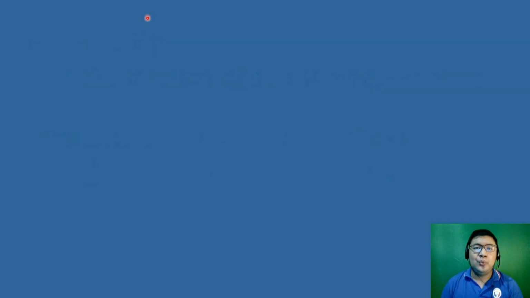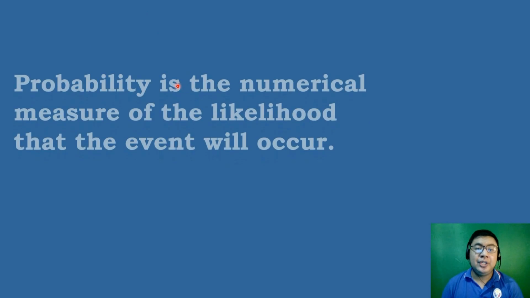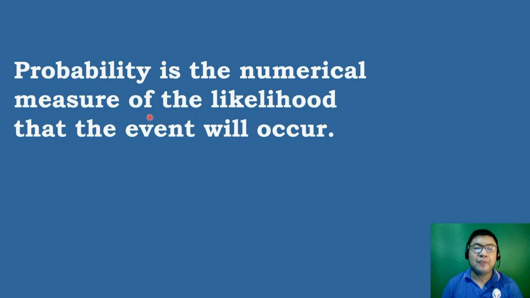And also, when we say probability, it is the numerical measure of the likelihood that the event will occur. The value of the probability is between the numbers 0 and 1. When we get the sum of the probabilities of all events, that sum is equal to 1.